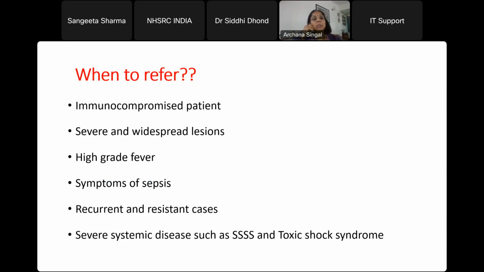Sometimes when there is repeated infection, repeated folliculitis or repeated furuncle, then you have to look for nasal carriage of the staphylococcus. So when to refer to a dermatologist? If the patient is immunocompromised, suppose a patient of HIV or PLHA, we call them, if they develop infection, severe and widespread lesions with systemic symptoms, high-grade fever, symptoms of sepsis.